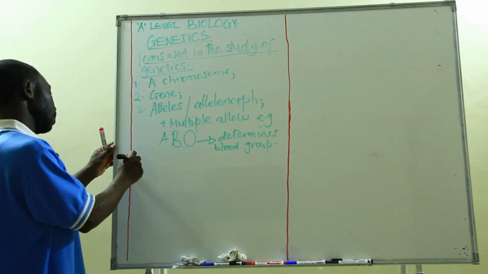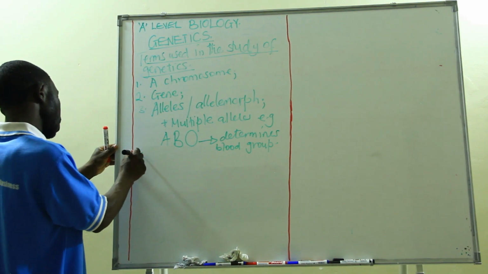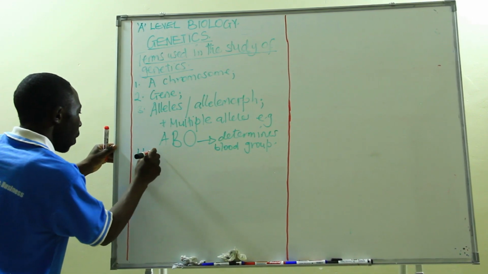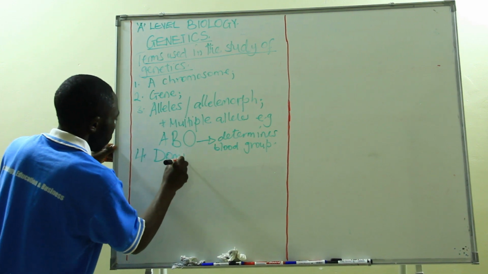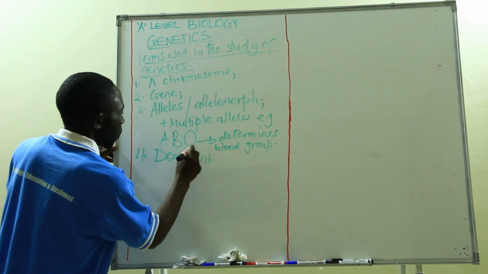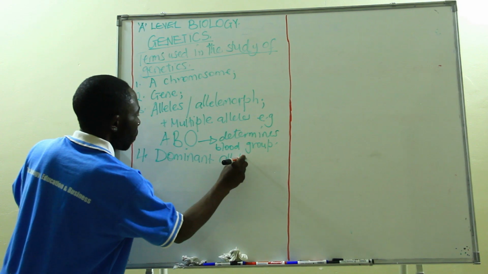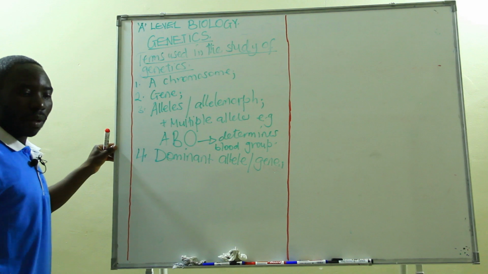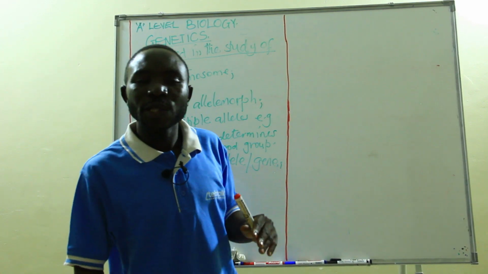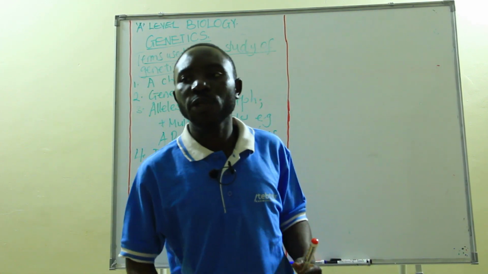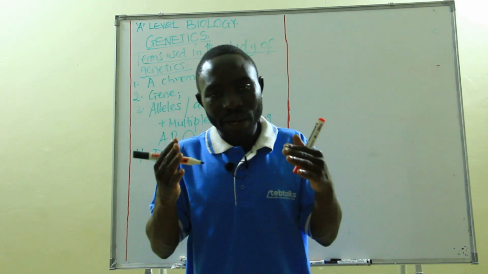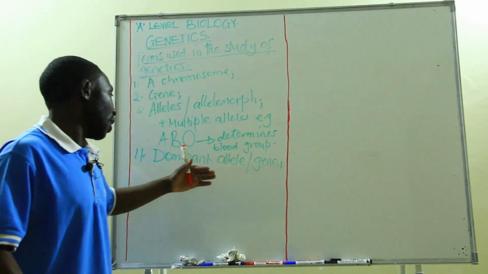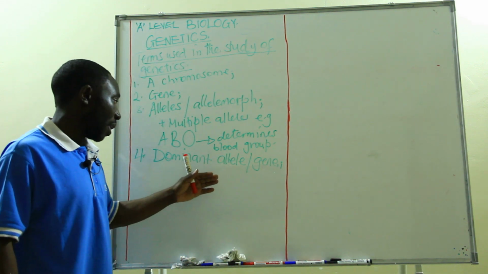Another terminology, number 4, is dominant allele or gene. Every gene has two alternative forms. One is dominant and one is recessive. And so this brings us to the dominant allele or dominant gene.